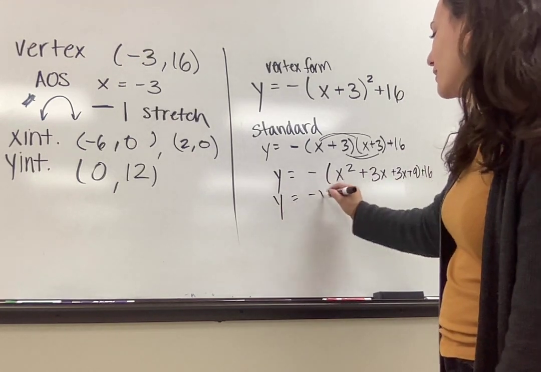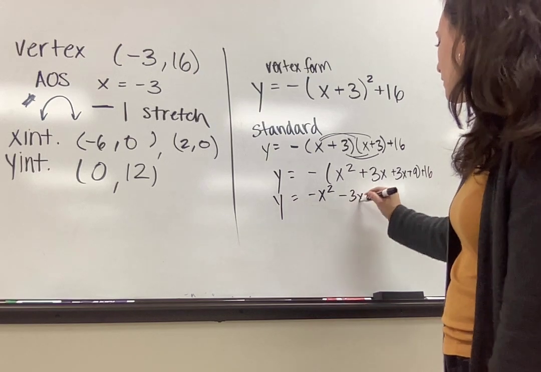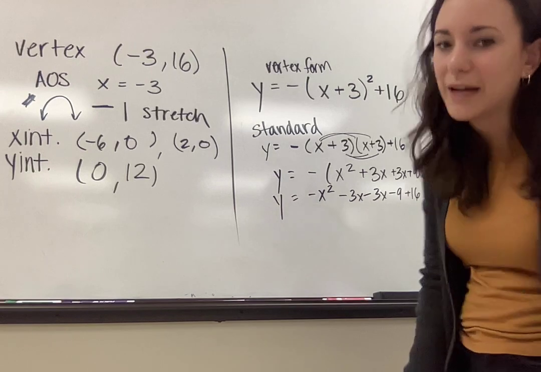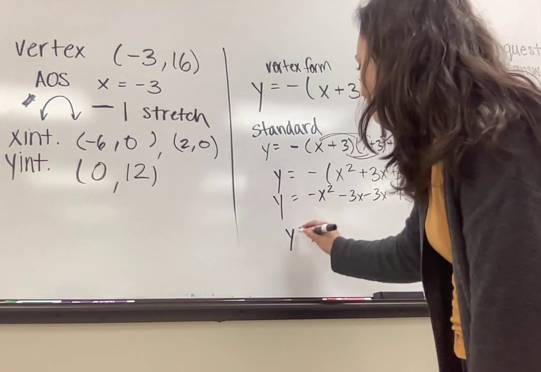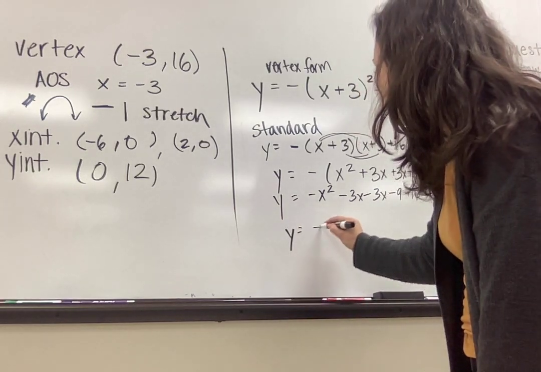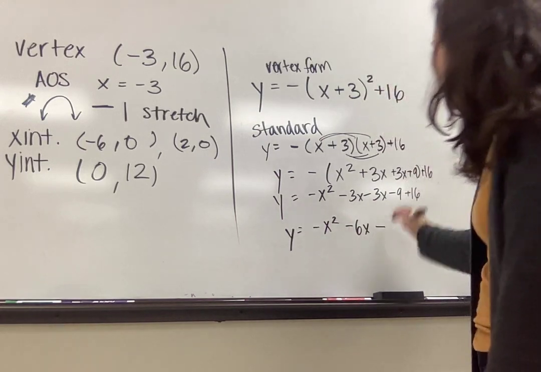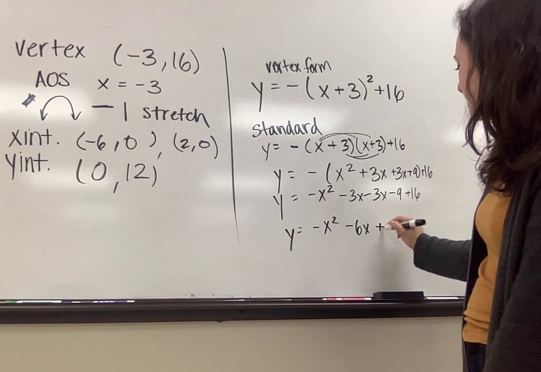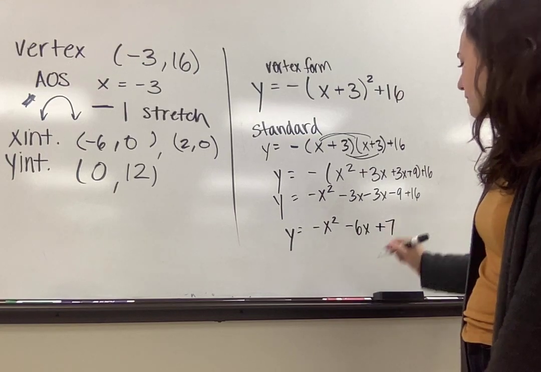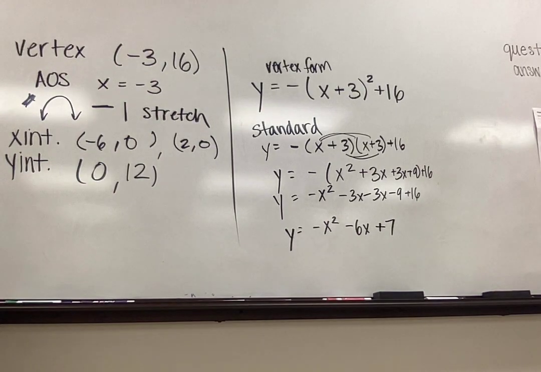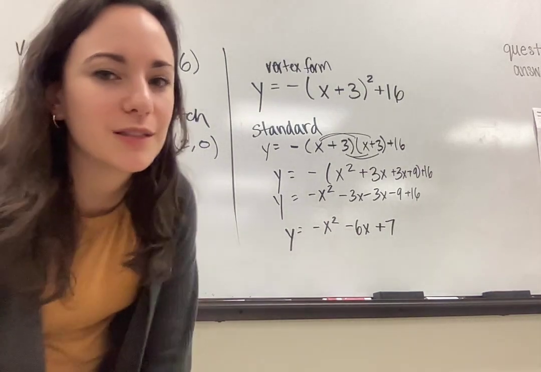I'm going to keep distributing. I'm going to combine like terms. Y equals -x squared minus 6x plus 7 is my final standard form.